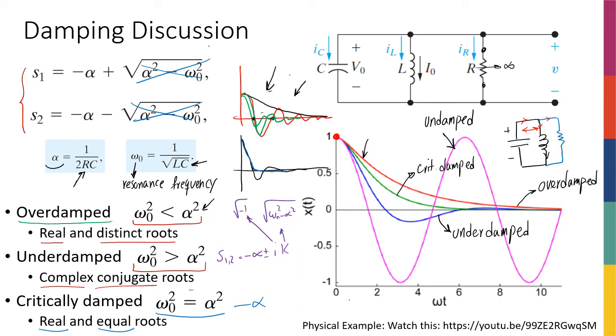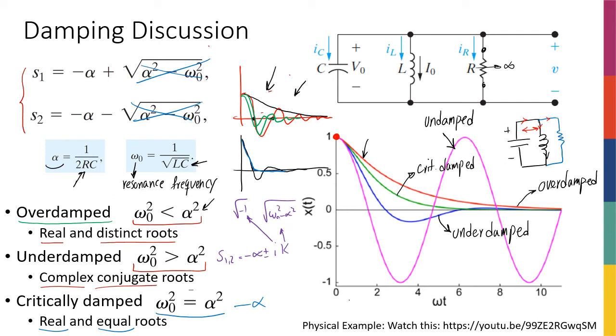Okay, so this is a lot to take in, I understand. The intuitive part of the explanation is for you to have a nice internalized image of what overdamped, underdamped, and critically damped mean. But in terms of circuit analysis, what we care about is the math part: is it going to be real roots, complex conjugate roots, or real and equal roots?